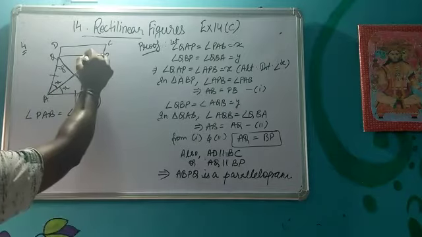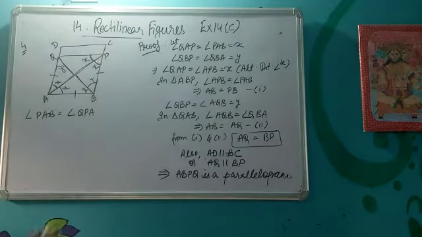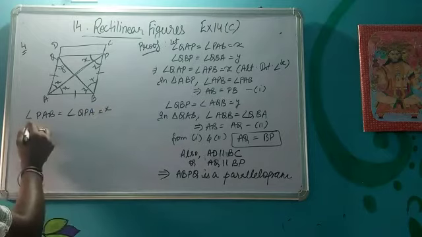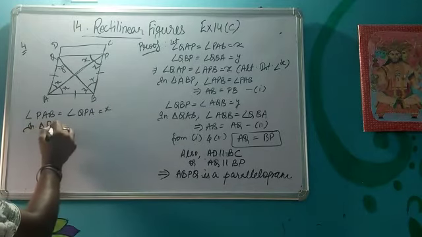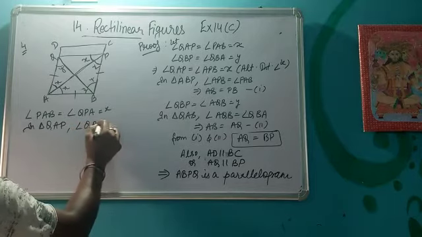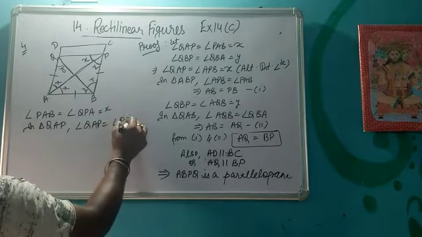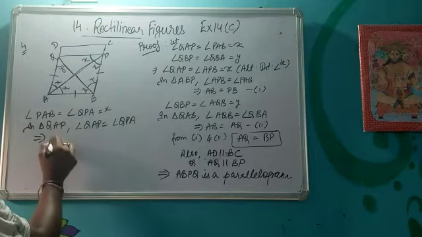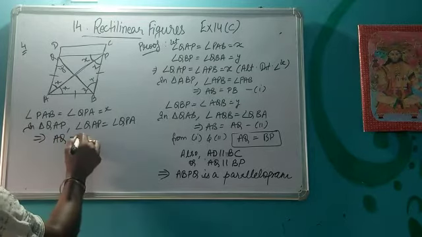This angle will be equal to this angle, equal to X. So again we take triangle QAD. Angle QAP is equal to angle QPA. So that means AQ equal to PQ.